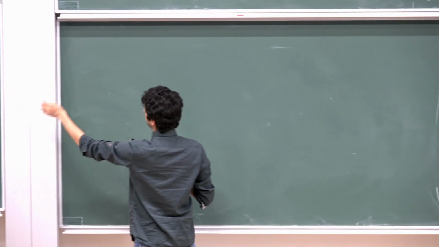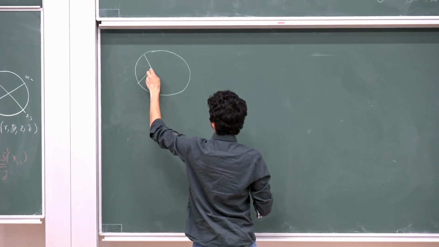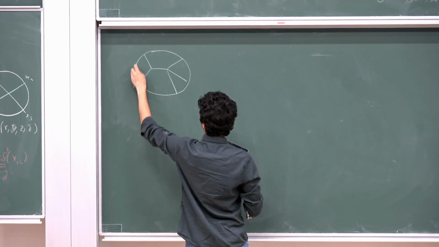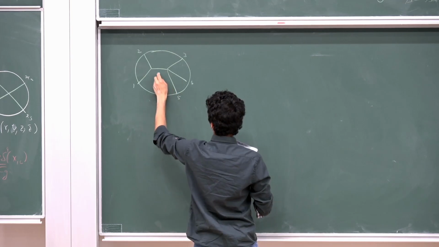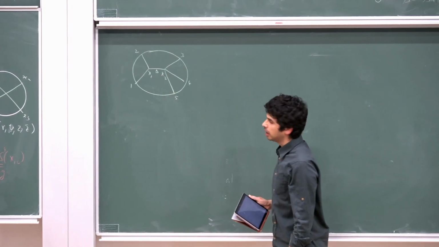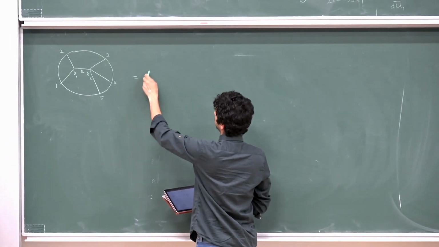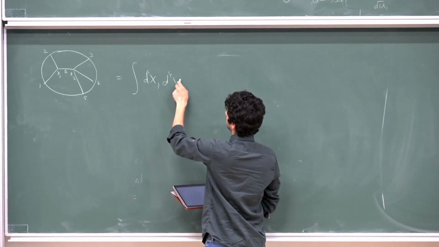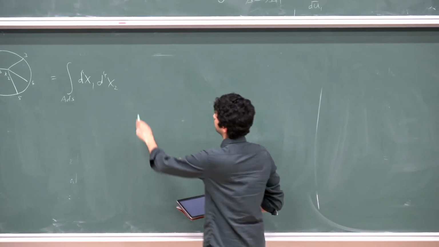Now, let me just consider a diagram like this. If I were to write down the expression for this diagram in AdS, I would integrate over both points x1 and x2. I would integrate them over AdS.